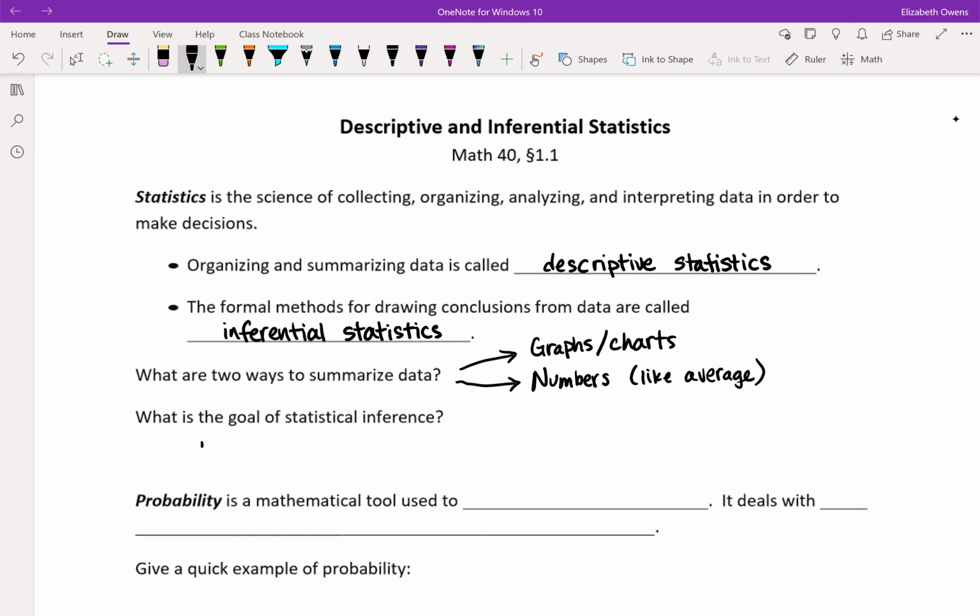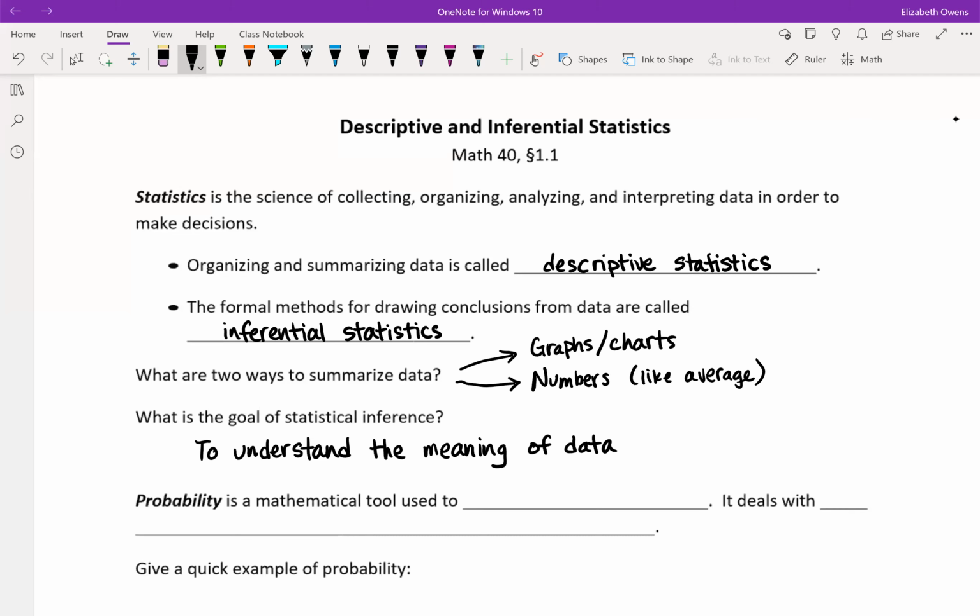And the overall goal here is really to understand the meaning of our data. Okay, we want to see if the data we've collected is meaningful, if it's significant, and what it means for our lives. Okay, so that's the goal of statistical inference.